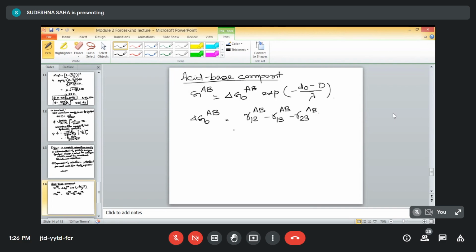Lambda is the correlation length and d naught is the cutoff distance.